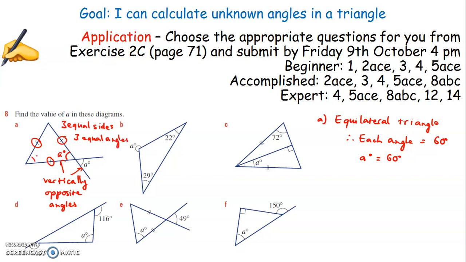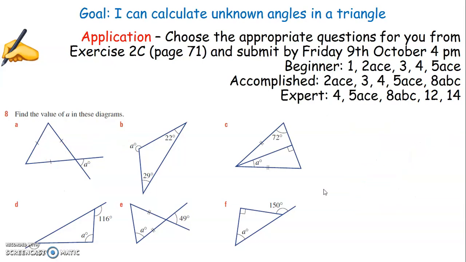So all of these are A, and this is also A. So we have 3A equal to 180. So 1A is 180 divided by 3, and that gives you 60. This is how we solve for A. A is 60.